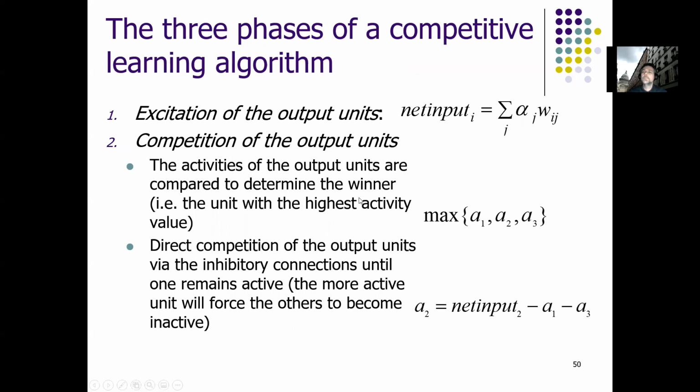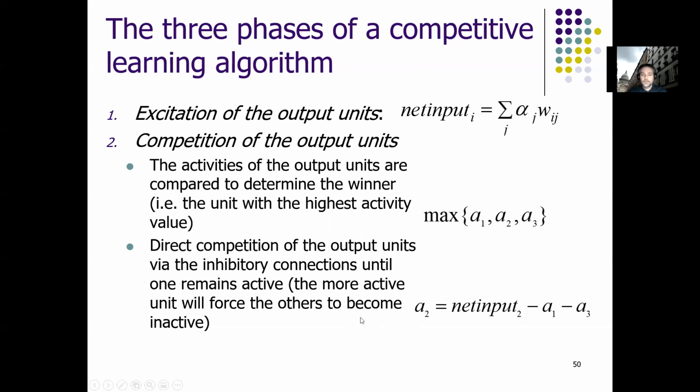There is a kind of competition between the output nodes. As I said, there are different ways proposed in the literature to do this kind of thing. One is to simply use the max rule. So you calculate the outputs of the nodes and you pick as a winner the one which has the maximum output. There's another thing which is called the direct competition of the output units, in case there are connections between them.